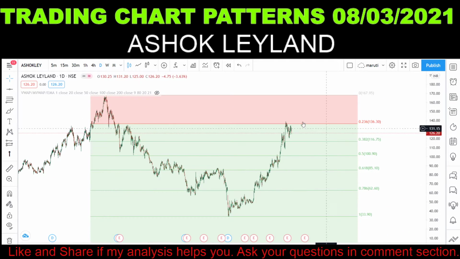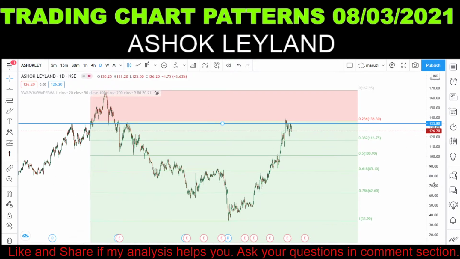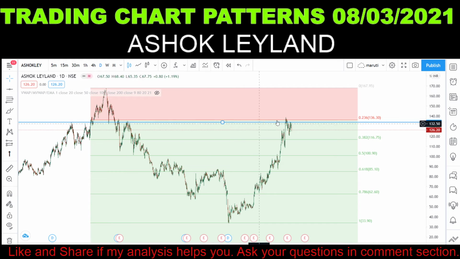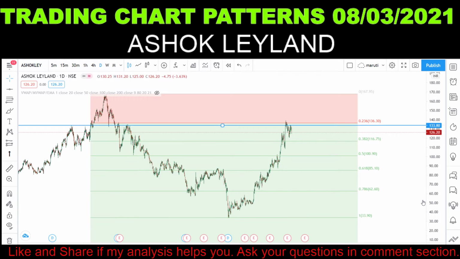Now the stock is taking resistance at the level of 136.3. So if anyone asks why this stock is taking resistance at 133, 134 to 136, this is acting as a resistance just because many people bought this stock in 2017 in this region, and the stock made a low of 33.9 rupees during coronavirus, and after that the stock has been rallying like anything.